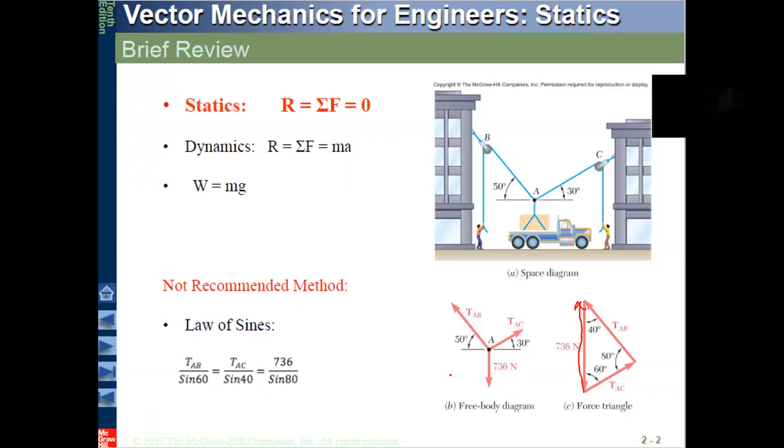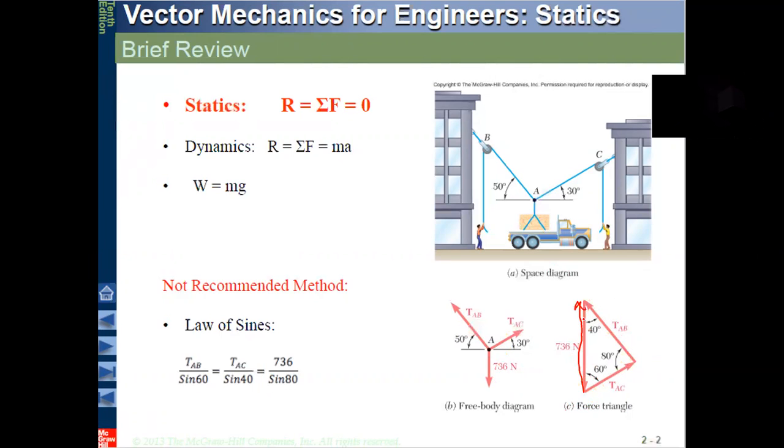What you can do in these problems, especially the problems that have three forces, is draw a triangle. On two sides, you have two of the forces, and the other one on the other side, because the sum of TAC and TAB should be equal to the opposite of the weight force, because the resultant of these three forces is equal to zero.